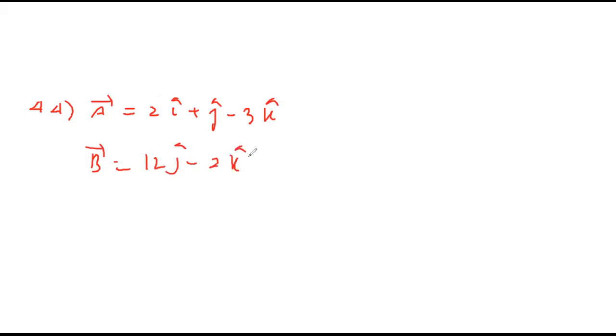Area of parallelogram determined by 2i plus 3j minus 3k, and 12j minus 2k is approximately how much?